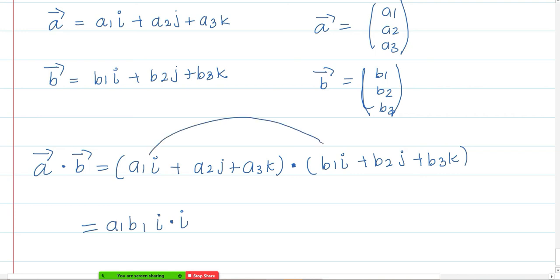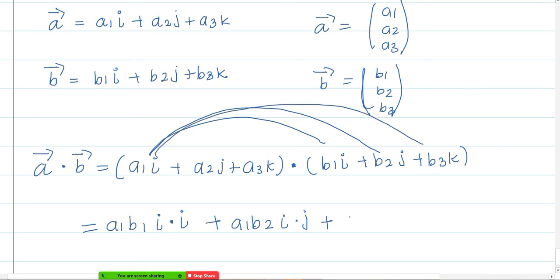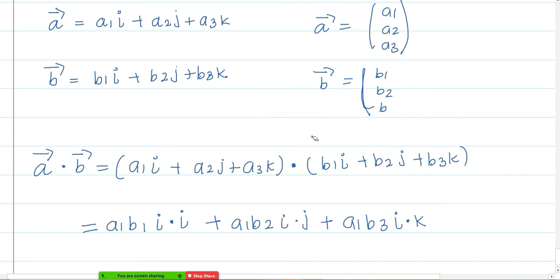Next, you are going to multiply with J. You can write A1 B2 I dot J. And if you multiply with the last term, it goes A1 B3 I dot K. Don't forget to put that dot because we are applying dot product only. Dot product of those two vectors.